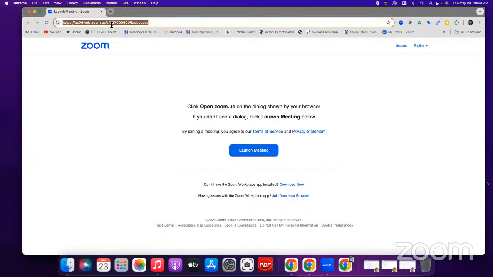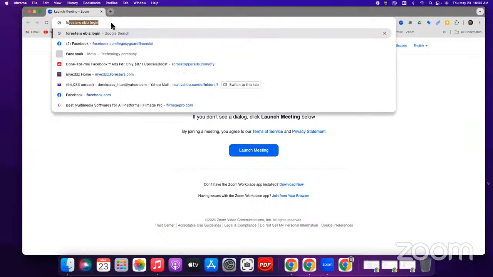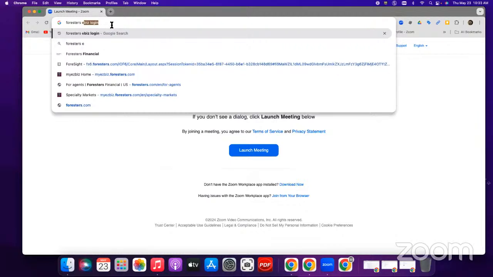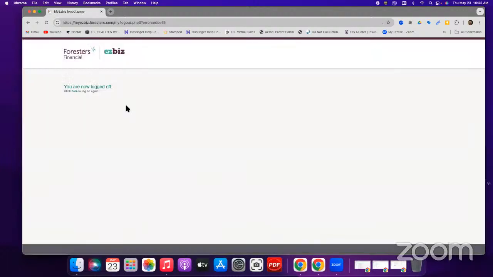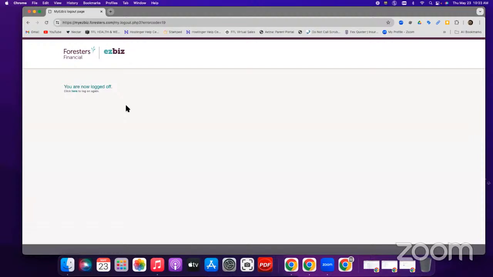All right. So let's just look at a couple different ones actually. I want to take a look at Foresters, and then I also would like to take a look at, let's see here, Lafayette Life as well.